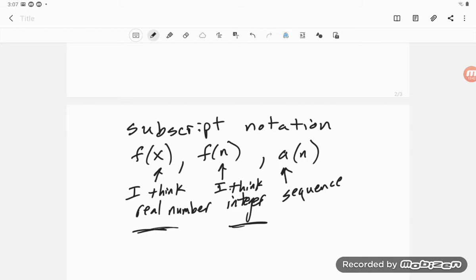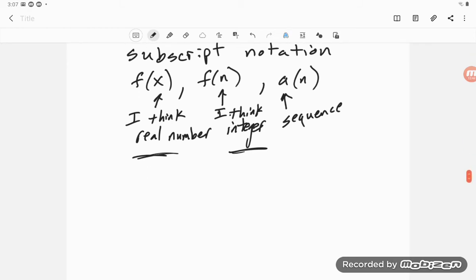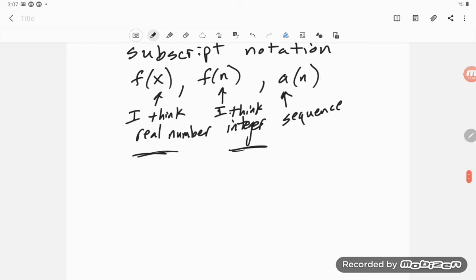And now, here's the big leap: instead of a of n, I'm going to put it down here, we're going to say a sub n. And this means a of n when we're talking about sequences.